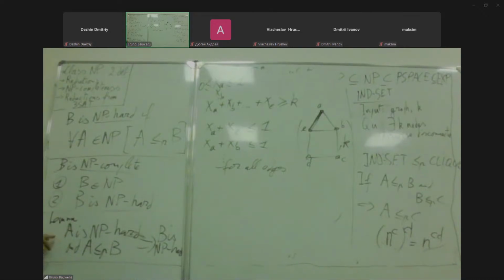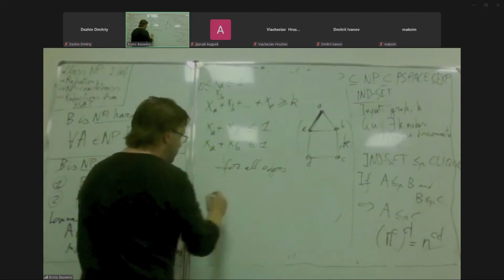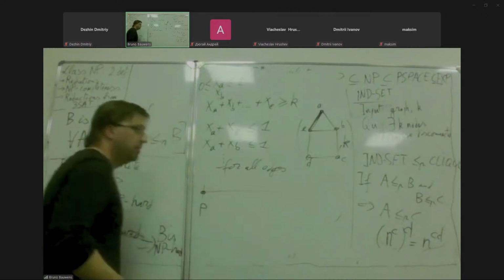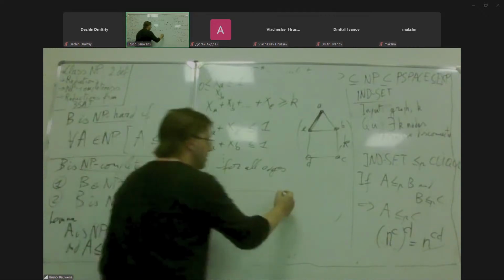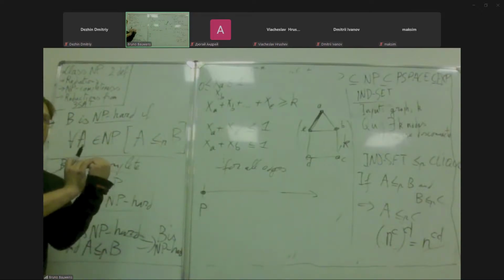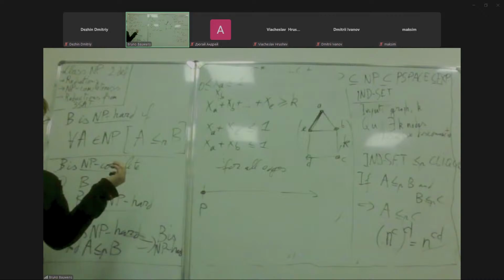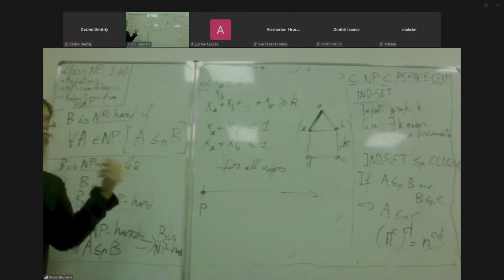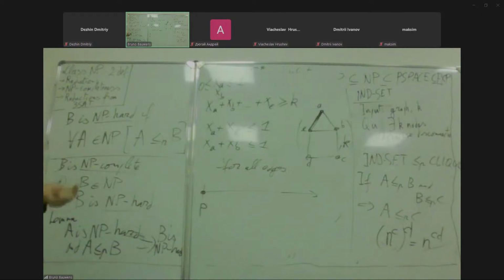So in a picture, it's quite easy. Let us have an axis of all our points here. I told you that most problems that we will consider in the first half of the course are comparable. Either one is easier than the other, or one reduces to the other, or vice versa.